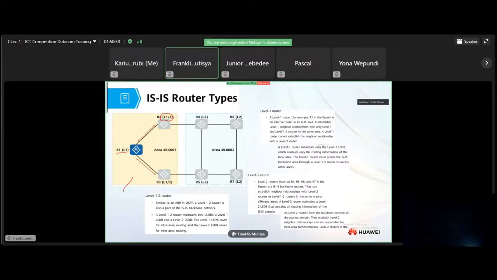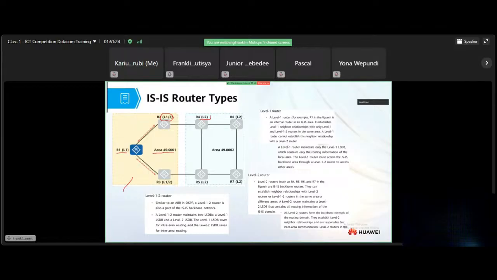We say level 1 routers are used in the non-backbone areas. So you configure an area ID in that non-backbone area, configure a network ID, and then use the system ID and the SEL, which is 00, to generate the NET. So level 1 routers on the non-backbone areas are connected with level 1, 2.